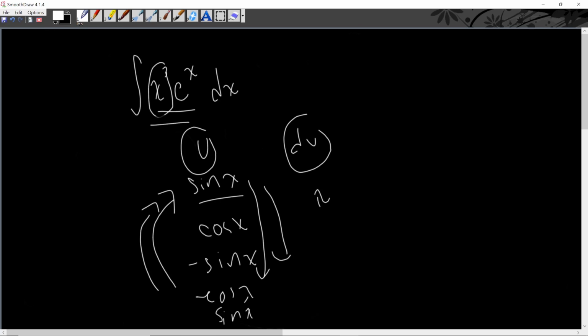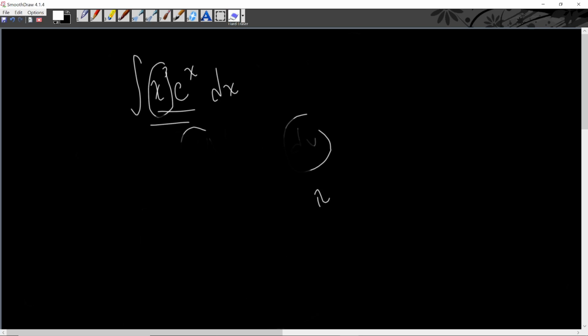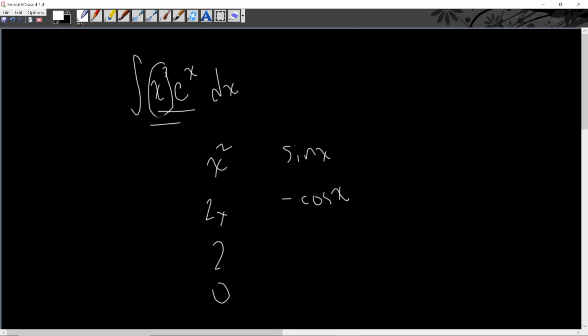But if you have a u that goes straight to 0, like a really nice x squared that goes to 2x, 2, and then 0, and you have, say, sine x here, then the integral of sine x is negative cosine x, and then the integral of negative cosine x is negative sine x, and then the integral of negative sine x is cosine x.